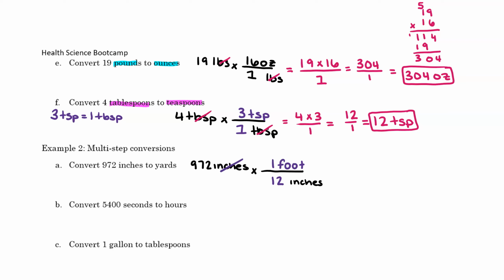So now the inches have canceled out because they're on top and bottom. But I didn't want feet, I wanted yards. So I have to use another conversion. I'm going to put the feet on bottom and the yards on top. So I know that there are 3 feet in 1 yard. So I'm doing a second conversion, and now feet on bottom and feet on top cancel.